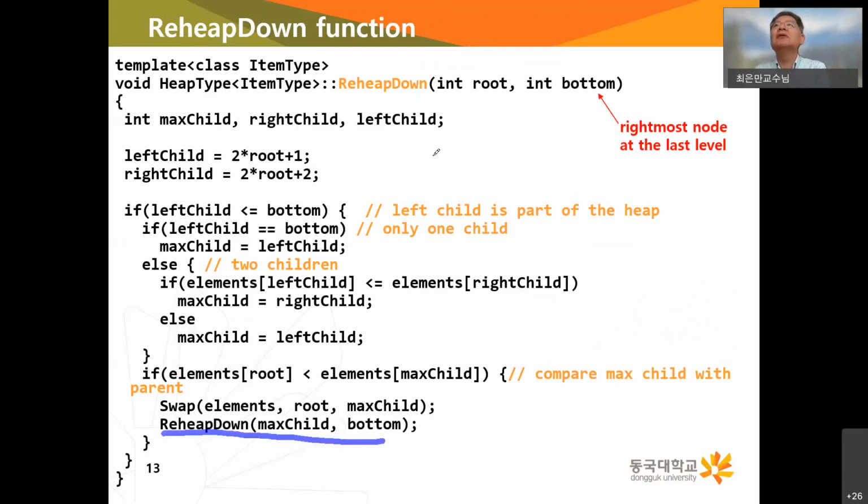So first, this was highest one, right? So first, you need to find out which one is the left child or right child. Okay. So 2 multiply root index value plus 1 will be the index value of the left child. And 2 multiply root index plus 2 will be the right child, right?